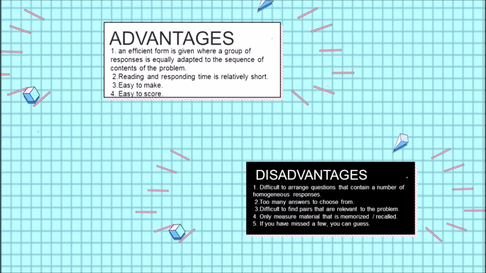Then the disadvantages are that it is difficult to arrange questions that contain a number of homogeneous responses, there are too many answers to choose from, it is difficult to find pairs that are relevant to the problem, it is limited to material that is memorized or recalled, and if you have missed a few, you can guess.